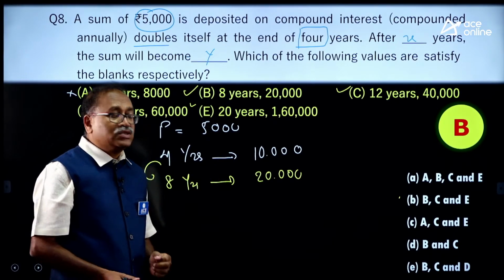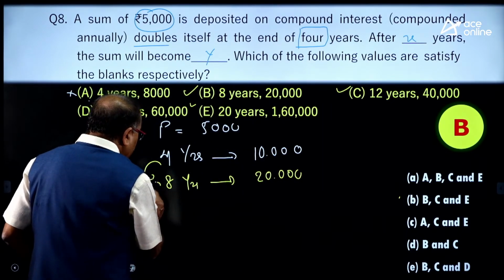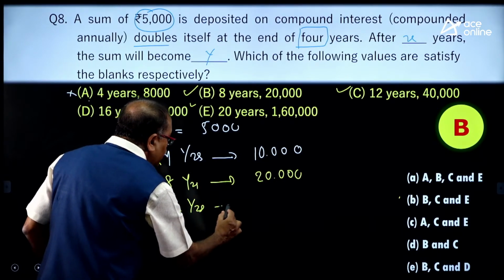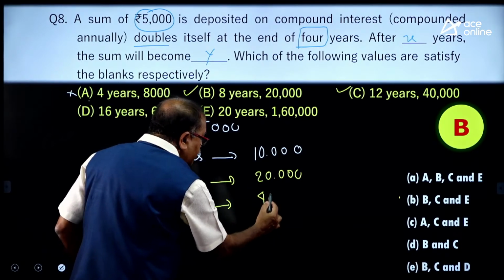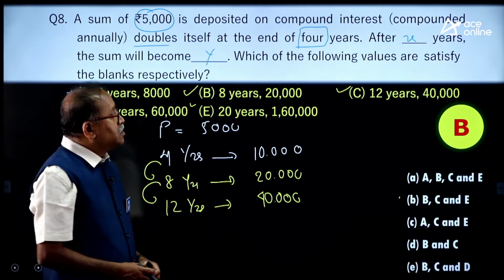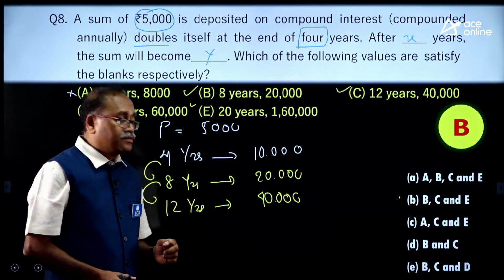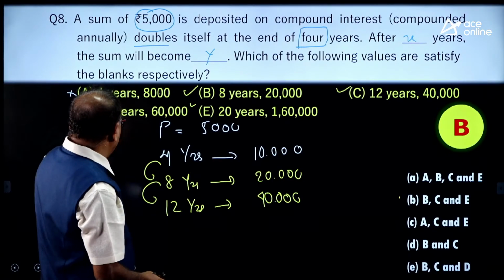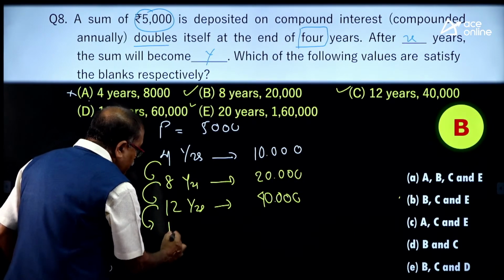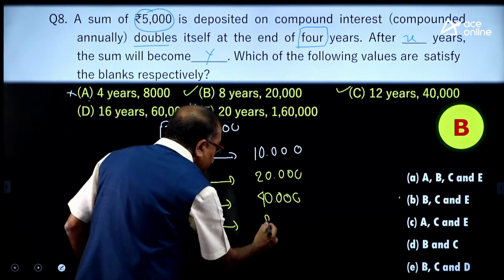Yes, it satisfies. Coming to C, after another 4 years, that is in 12 years, again the sum will become double, that is 40,000. So, 12 years 40,000, that is correct. The next one, here it is 16 years, means another 4 years, the sum will become double, that is 80,000.